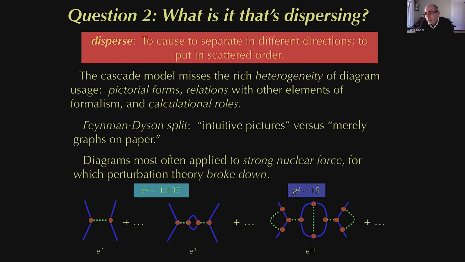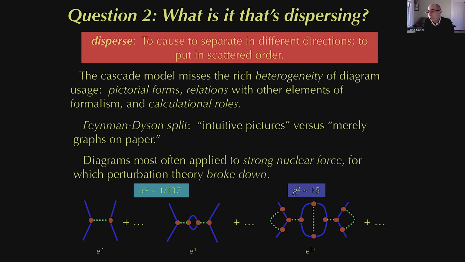So it's smaller than 1 over 100. So this diagram is multiplied by a number that's 100 times smaller than this diagram. No matter what the algebra is, its coefficient is parametrically smaller, which means this diagram is exponentially smaller still. So that's why these things became so useful in QED. You didn't have to calculate to infinity.